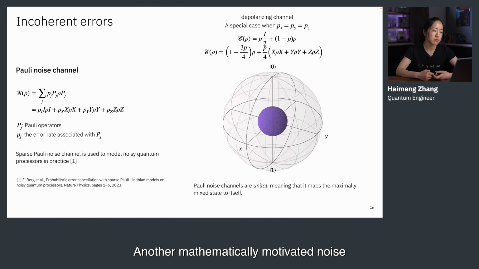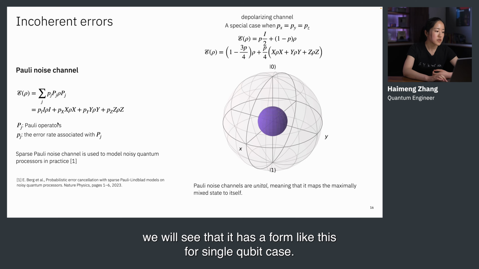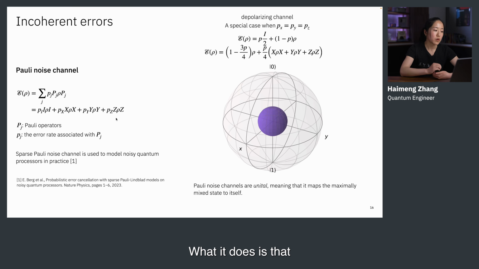Another mathematically motivated noise model is what we call the Pauli noise model. We'll see that it has a form like this for the single qubit case. What it does is apply the single qubit Pauli operators to the qubit state with a given probability.